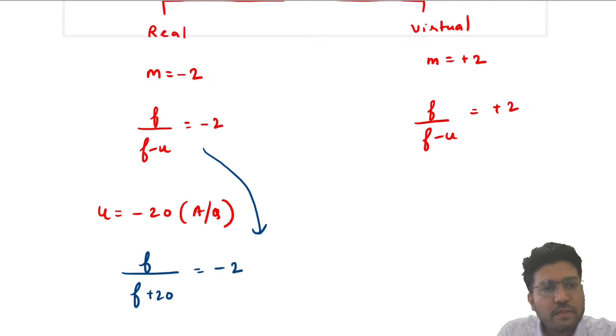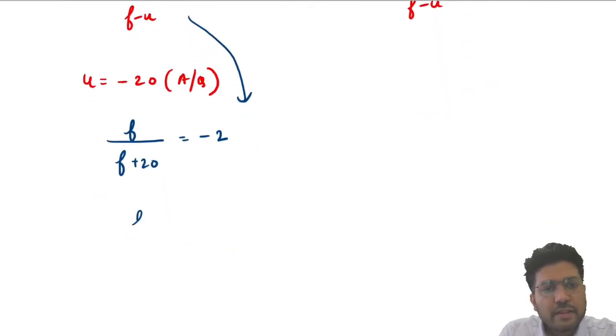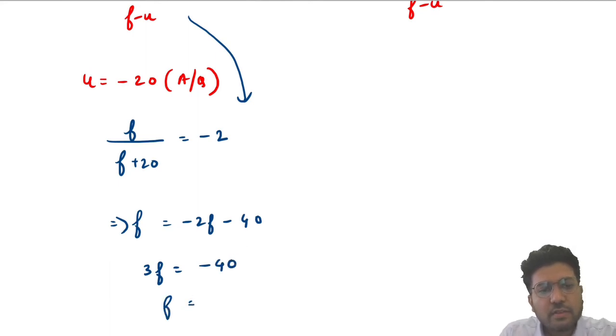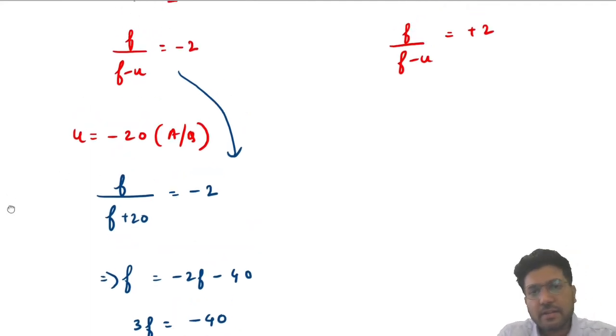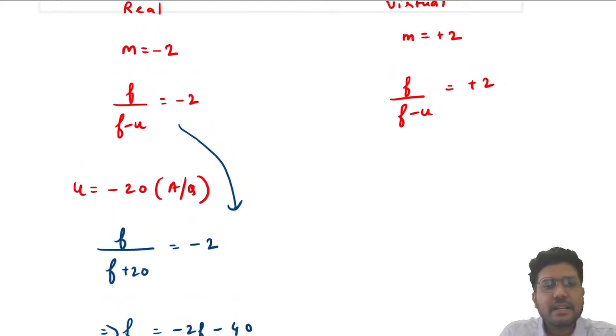So from this we will get f is equal to minus 2f minus 40. So from this you will get 3f is equal to minus 40. f is equal to minus 40 by 3. It is coming out to be negative, and it should come out negative because it is a concave mirror. Concave mirror focus is negative.